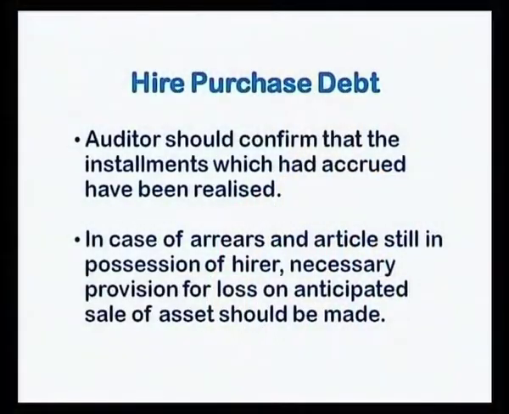Also, it should be seen that in case the last installment has already been paid, the same should not be shown as a liability in the balance sheet, and it should be recognized as a full asset in the entity's account. Also, in the case of arrears where the article is still in possession of the hirer, necessary provision for loss on anticipated sale of the asset should also be made.